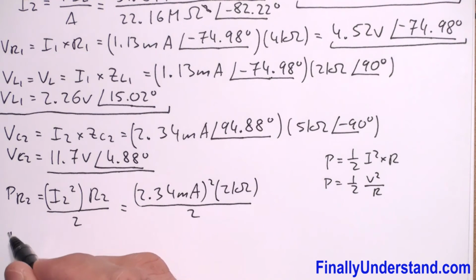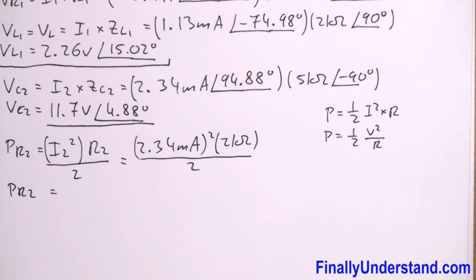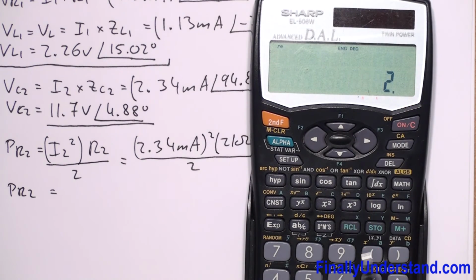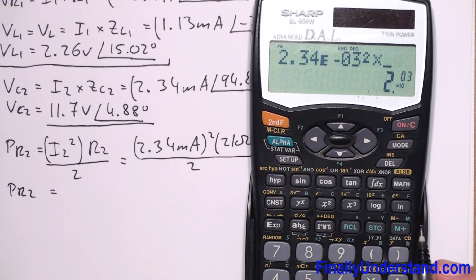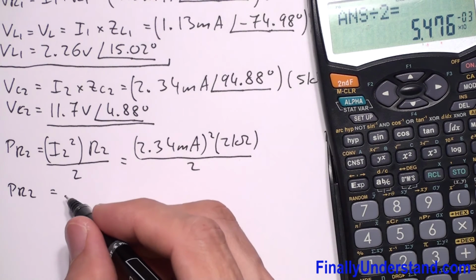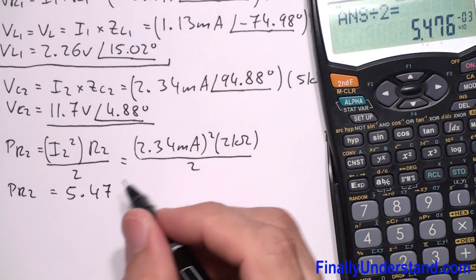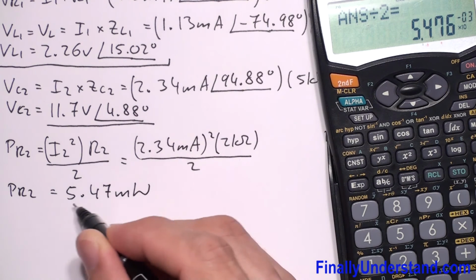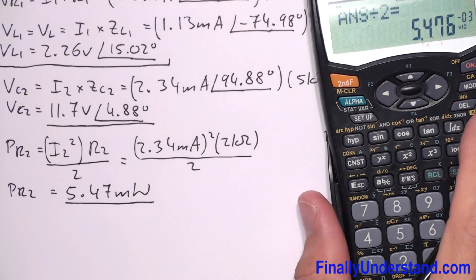So I have P R2 is equal 2.34 exponent 3 negative raised to the second power times 2 exponent 3, divided by 2, is equal 5.47 milliwatts. Okay, so this is the power at resistor R2.